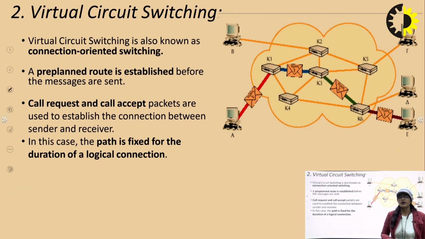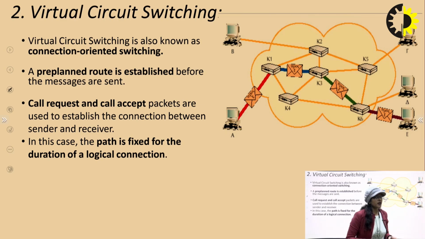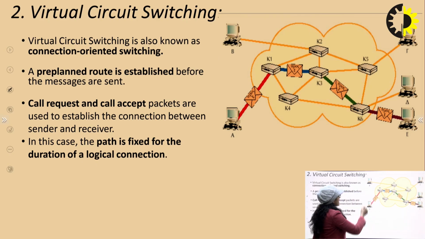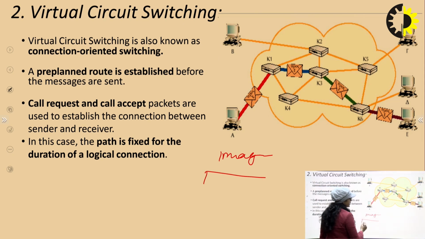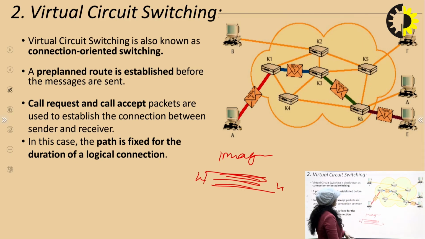Next, we will talk about virtual circuit switching. This is implied by its name, virtual. Virtual means just an imaginary path. Here it is not a dedicated path, but we consider it as a virtual path between the sender and receiver. So that's why it is called virtual circuit switching.